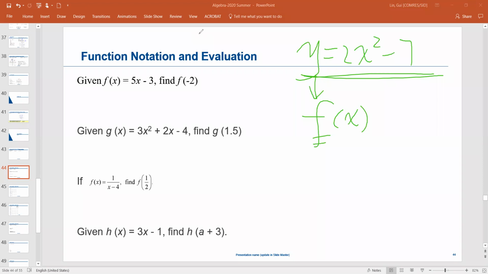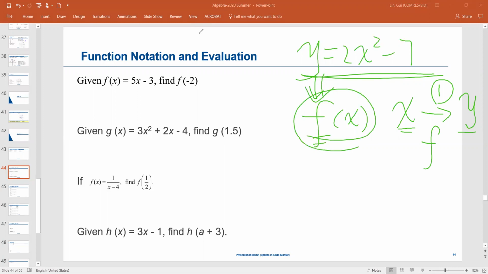Function means when you input one x, it generates only one y value, right? These kinds of things we call a function. So in these cases, we can change y and use this one.